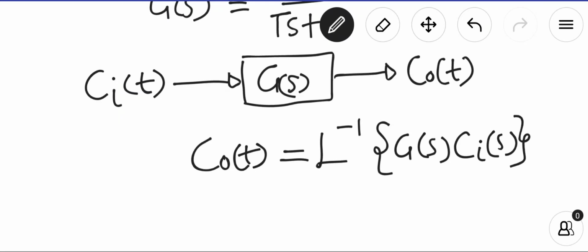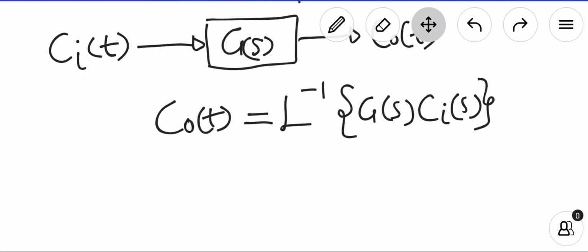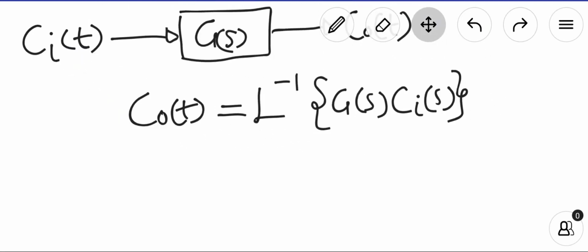What this means is that you find the Laplace transform of the input given, then proceed with the transfer function and get the output from the product of G(s) and Ci(s). Taking the inverse Laplace transform, you get your output expression. Very simple.